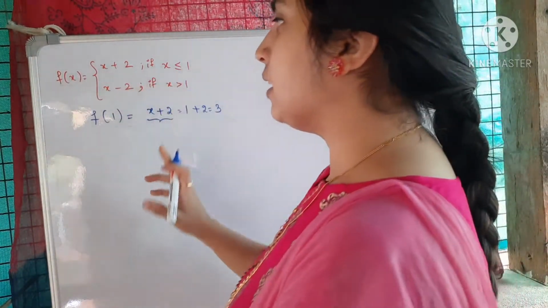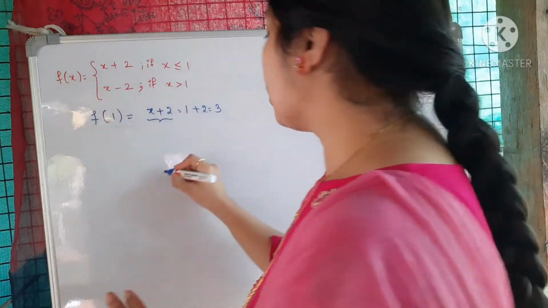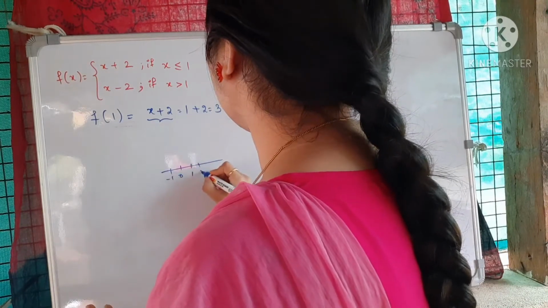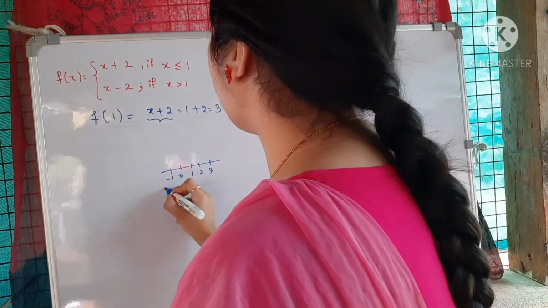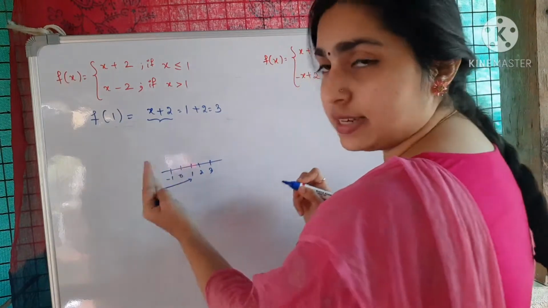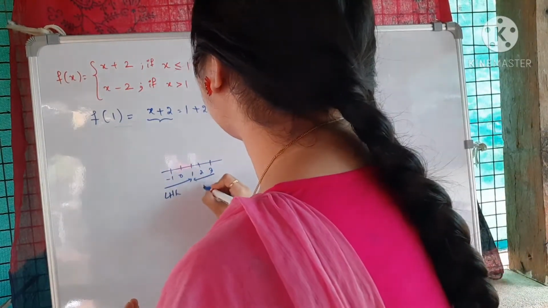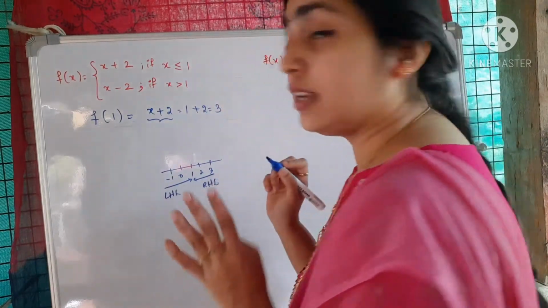So if I consider the left hand limit, if I consider 1, you have your 0, minus 1 and 2, 3, right? If I am approaching this one from the left hand side, I will consider this as the left hand limit, and from this side I will consider this as the right hand limit.